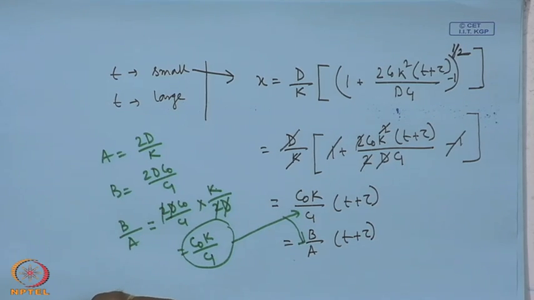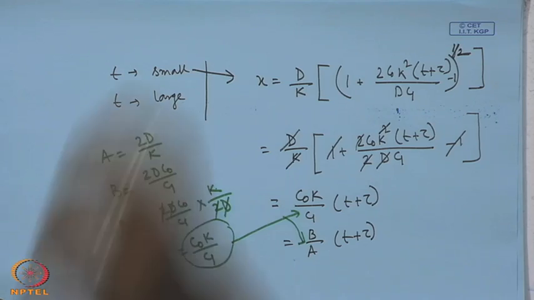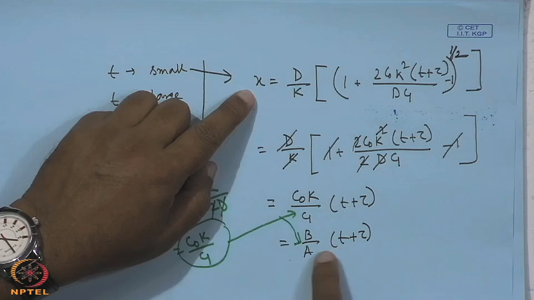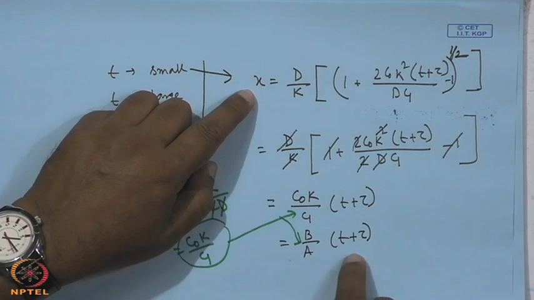Now, for the small t, we see that this is nothing but a rate limiting factor at early stages of the oxide growth. Surface reaction is the rate limiting factor, and the oxide thickness varies linearly with time, because this oxide thickness x is proportional to time. It is a constant.